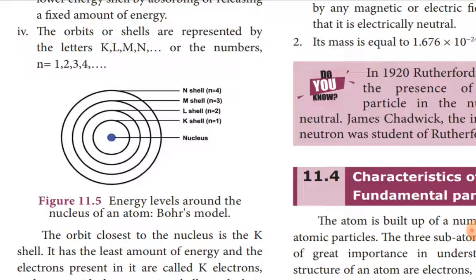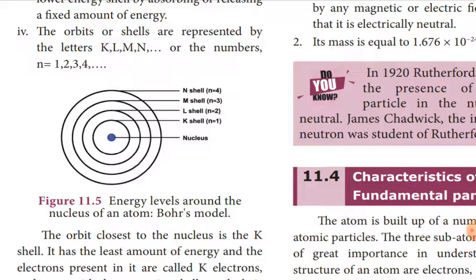The electrons only revolve around the nucleus, and these circular paths are called orbits or shells, represented by the K shell. The K shell is the nearest shell to the nucleus. Next shell, L shell, next M, then N, like that.